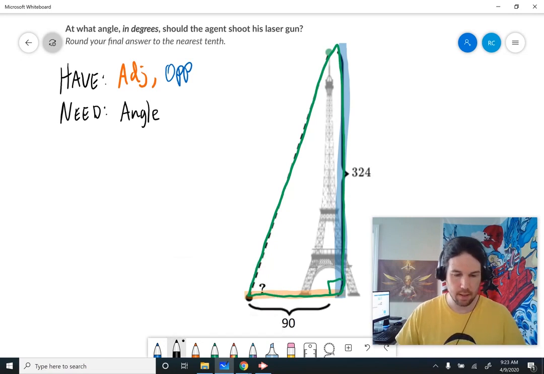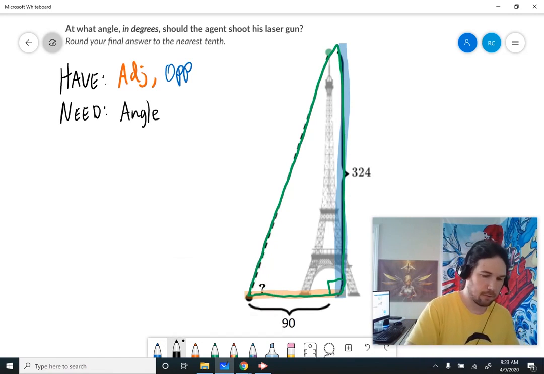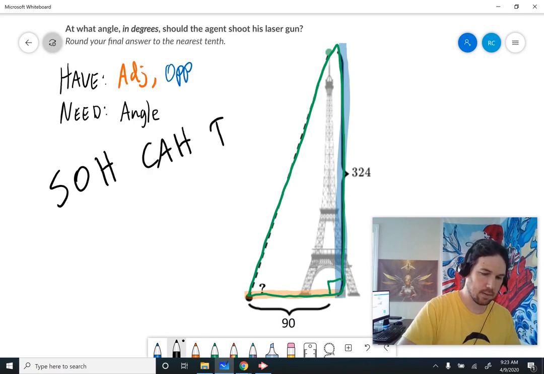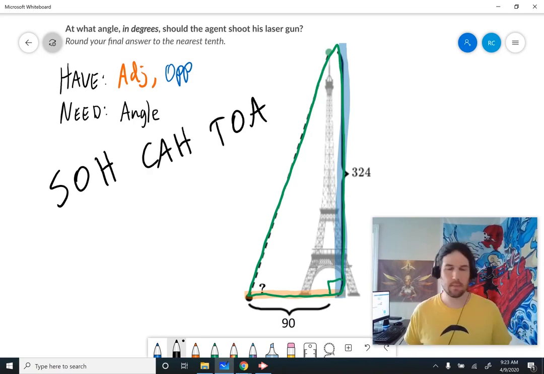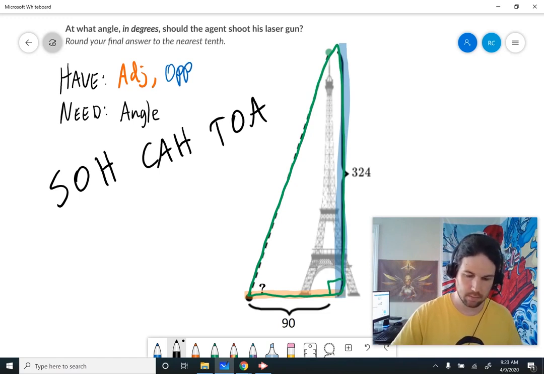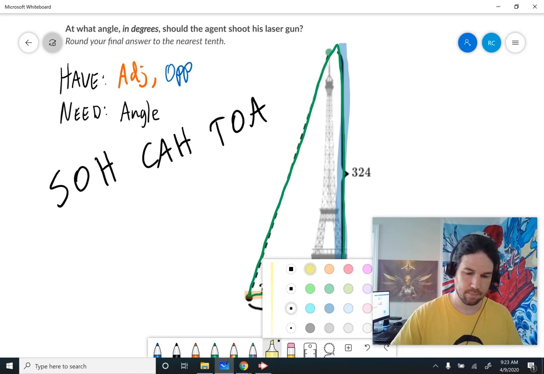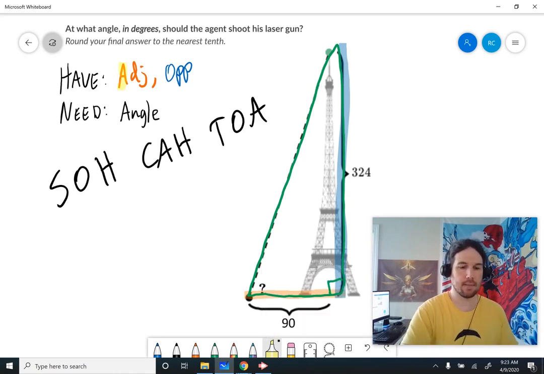Once again, it's time for SOHCAHTOA. I will never, ever get tired of writing that. We've got adjacent, we've got opposite.